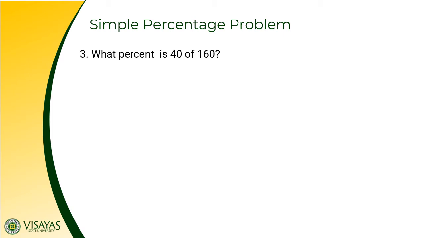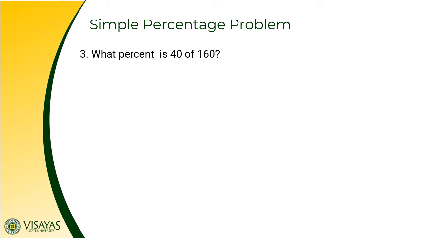Because kanina tapos na natin yung z at saka y, so dito naman the unknown is x. You are looking for the percent or the percentage. Ibig sabihin, out of 160, ilang porsyento ba yung 40? Yung 40 as a part of 160 is how many percent?